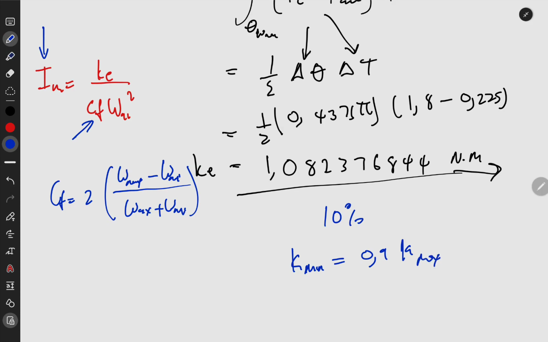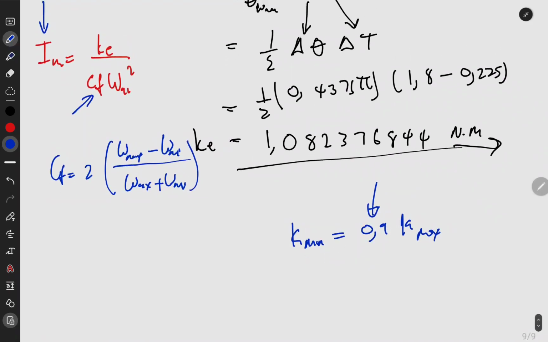Okay, so we have to accept the fact that here we're talking about energy that is stored in the flywheel, right? So if the system is using 10% of the energy, that means the flywheel is now storing 90%. That's why you see that 0.9. So I think that the only mystery was there in the question. Other than that, we are good to go.